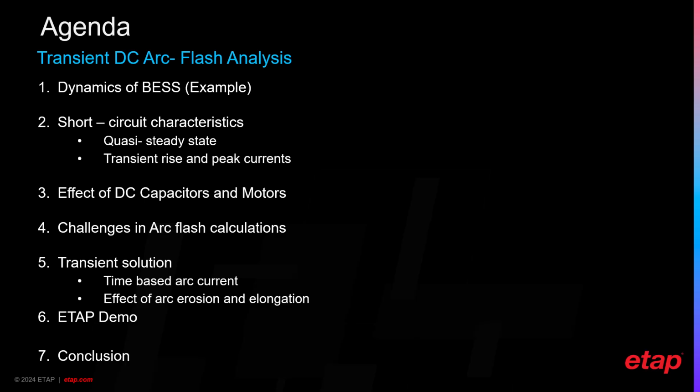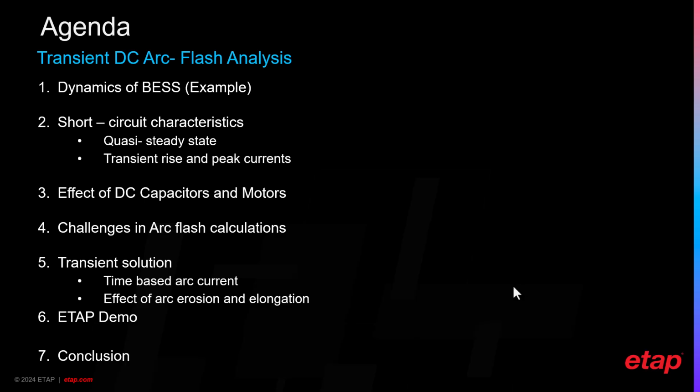Now, in this part of the presentation, I would like to explain, yes, you're going to get the maximum and the minimum short circuit current, but what kind of short circuit current is that? Is that based on the actual steady state characteristics of the battery, or also based on the dynamics of the battery energy storage system that involves different levels of battery management system connected to the corresponding devices, right?